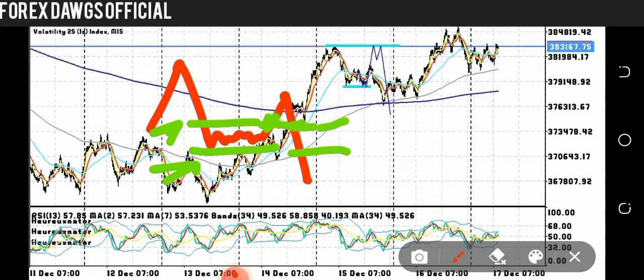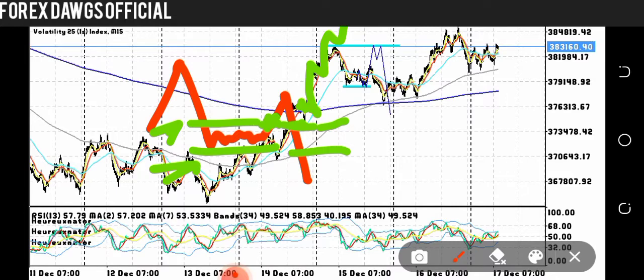So when the graph goes to here, many retailers will be expecting the graph to go up, but the market maker knows, so he just creates a false breakout, then goes down, boom. You see, now the mechanism is taking both buyers and sellers at the same time, achieving his two objectives at the same time with one mechanism.